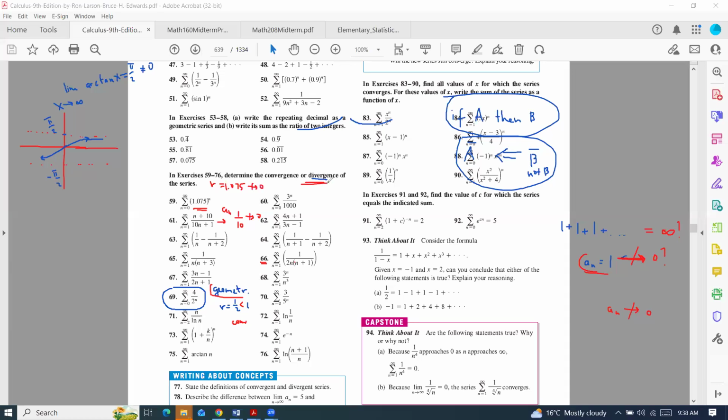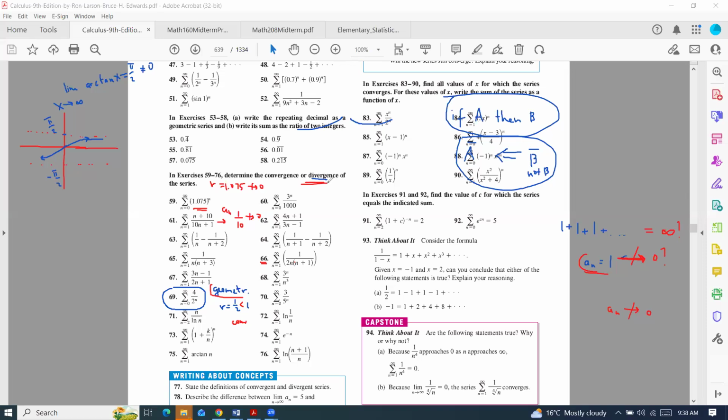It looks like all of them are divergent, but a few convergent ones. But anyways, it's interesting to think about them, to look at them, and to try to do these little exercises. I was thinking about moving to the next section, but I don't think I want to do that.